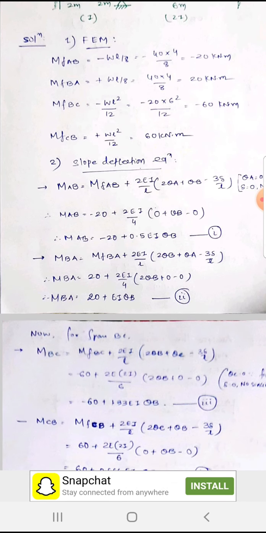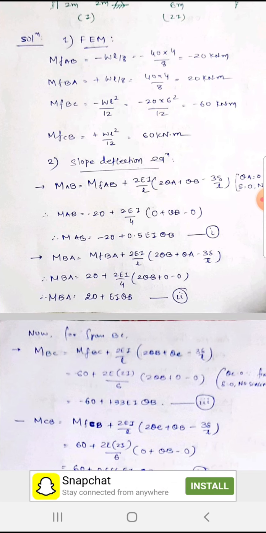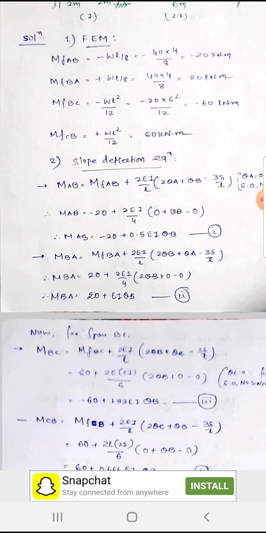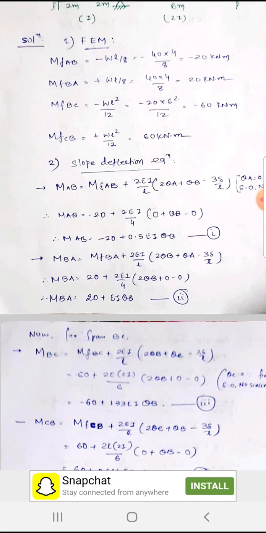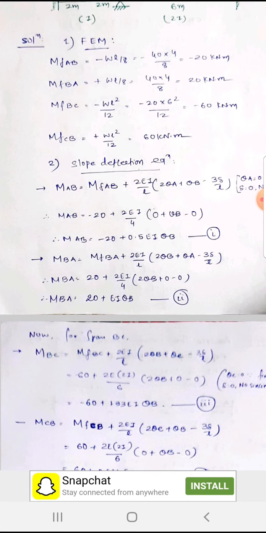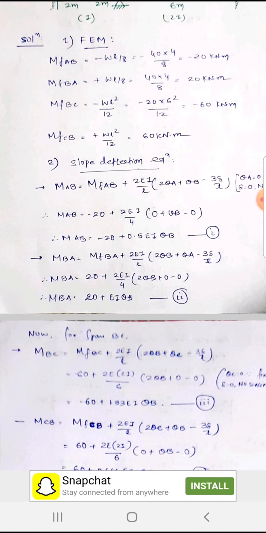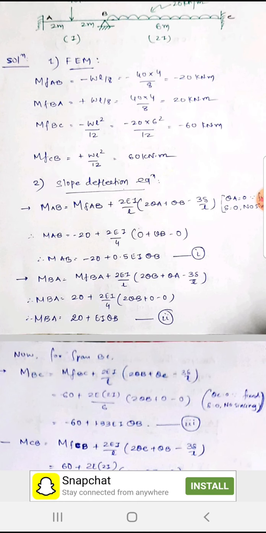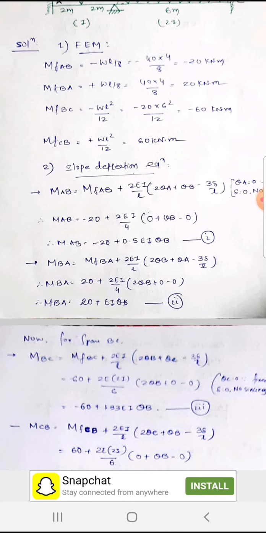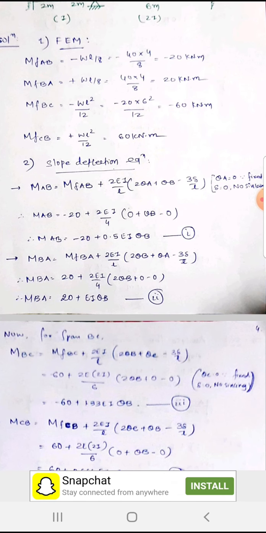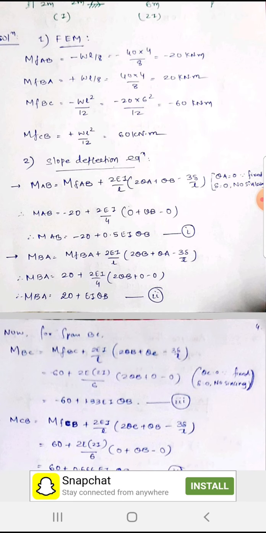Now step number 2, slope deflection equation. We have the equation for any continuous beam, that is first equation MAB. That equation is MFAB plus 2EI upon L in the bracket 2 theta A plus theta B minus 3 delta upon L. We have already discussed and derived that in our previous lecture.